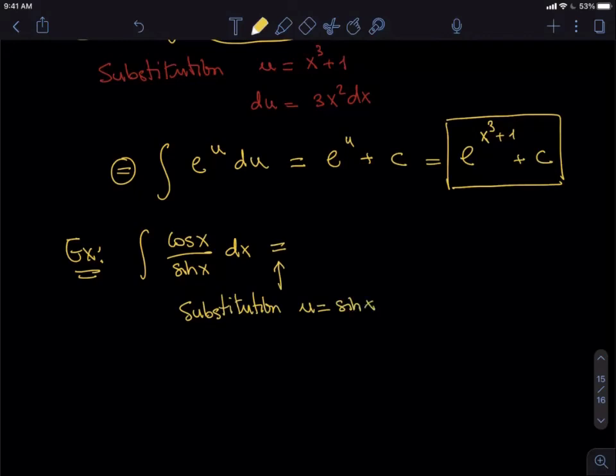Okay, and the way you usually write a problem like this, you just write substitution, u equals sine of x, and then du equal, the derivative is cosine of x dx, which magically appears here too. Okay, so this becomes the integral of 1 over u du.